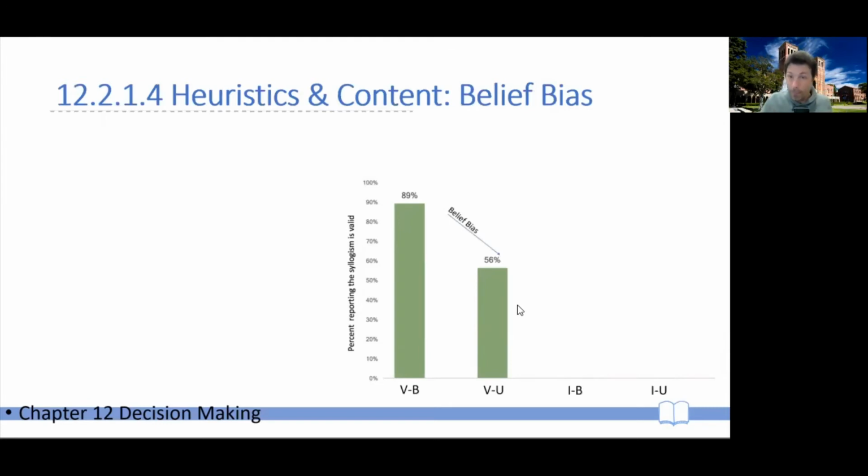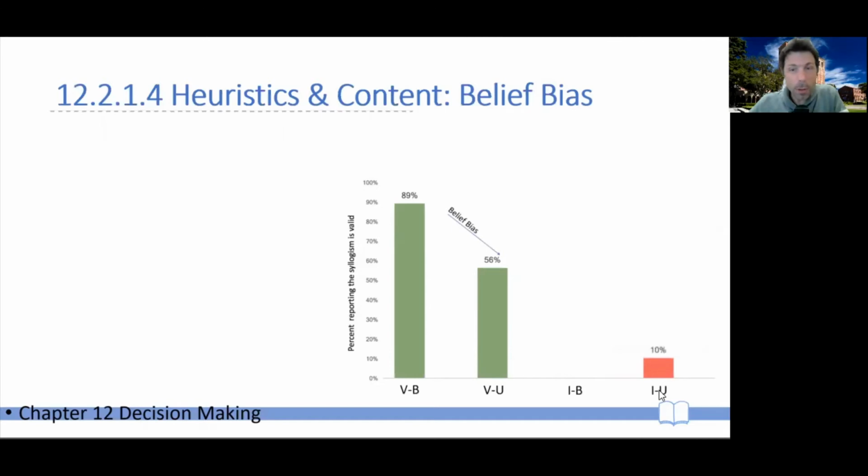And it happens for valid arguments. It also happens for invalid arguments. You'll remember syllogism number 4: the logical form is invalid, and the conclusion, that some sharks are pets, is not believable.